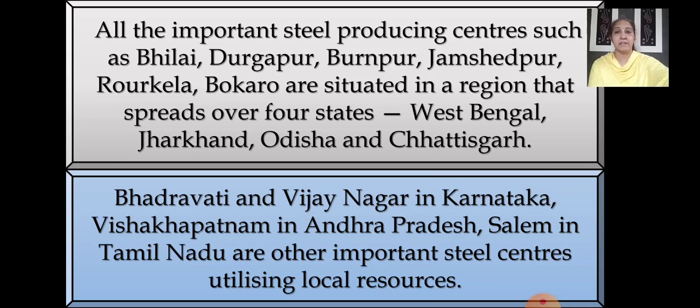Which 4 states? West Bengal, Jharkhand, Odisha and Chhattisgarh. Then Bhadravati and Vijayanagar in Karnataka, Vishakhapatnam in Andhra Pradesh, Salem in Tamil Nadu. These are all other important steel centers utilizing the local resources.